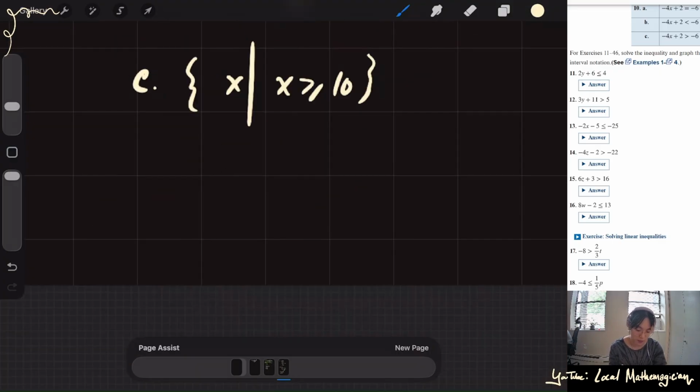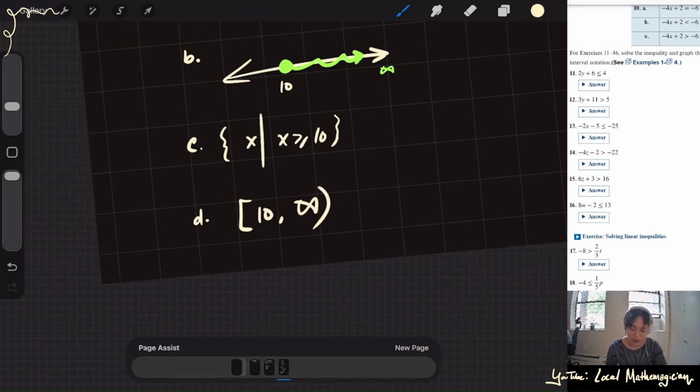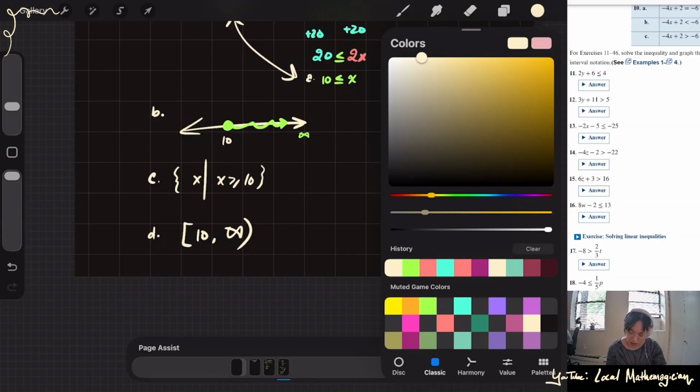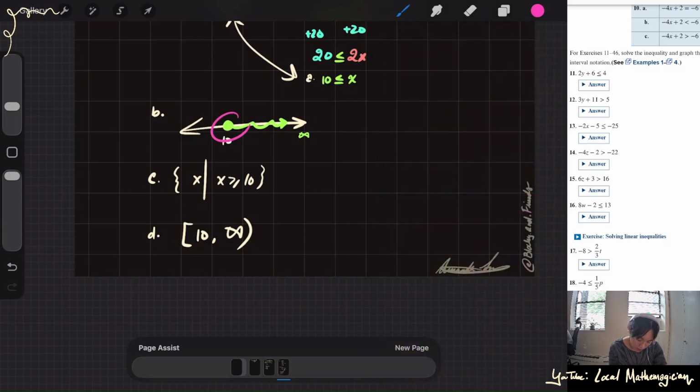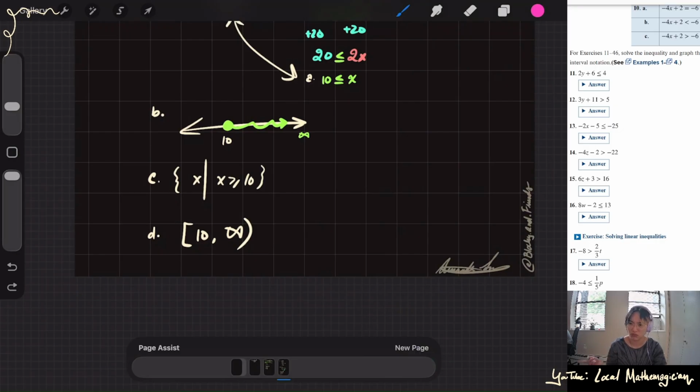Nothing crazy. And then for interval, you want closed circle on the 10, positive infinity, close. Basically, a good way to check your sanity is to make sure this matches with this, right? And this matches with this. And we'll talk a little bit more about answers that don't go off to infinity in a bit. Okay.